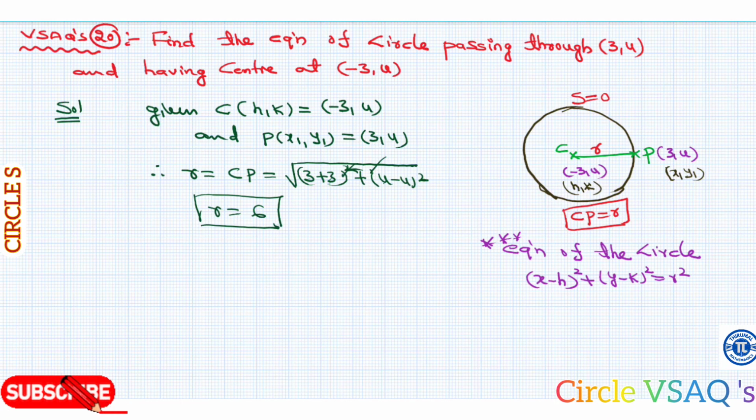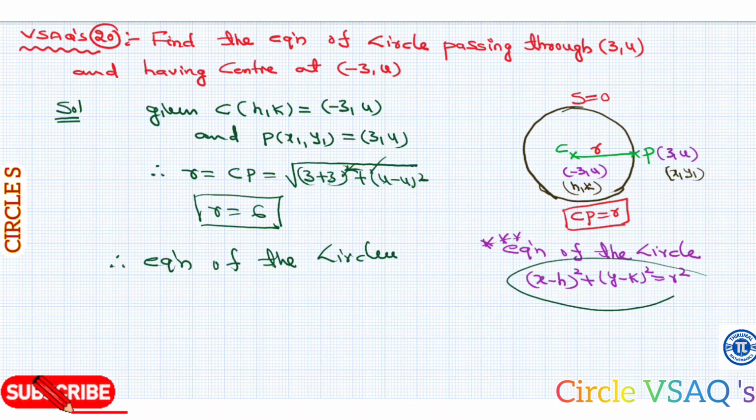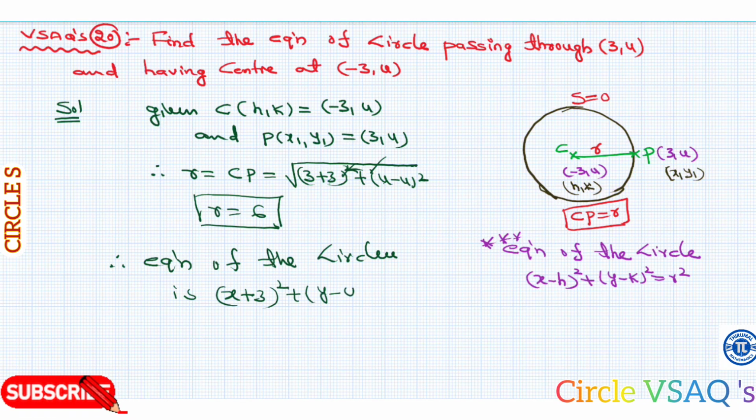Now write the equation of the circle. The formula is x minus h whole square plus y minus k whole square equal to r square. Okay, the circle is x minus h, h value is minus 3, minus into minus plus 3 whole square, plus y minus k, k is 4, y minus 4 whole square is equal to r square, the radius. Okay, so now apply the a plus b whole square form and a minus b whole square form here.